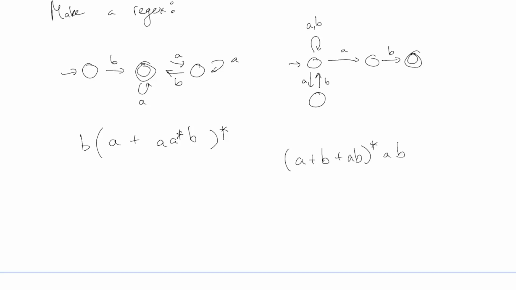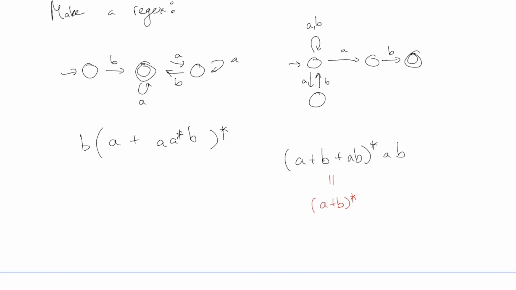This one actually, now that I write it like this, I notice that this could be simplified. Like this part right here is really the same. I wouldn't really suggest doing this, but as a regular expression, it's the same as that. Because A plus B star already allows you to create any string out of A's and B's in any combination. What's the difference between these two?